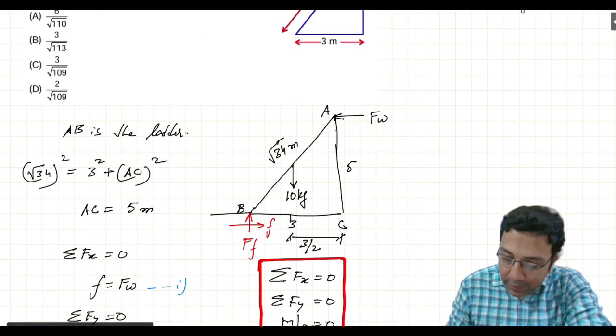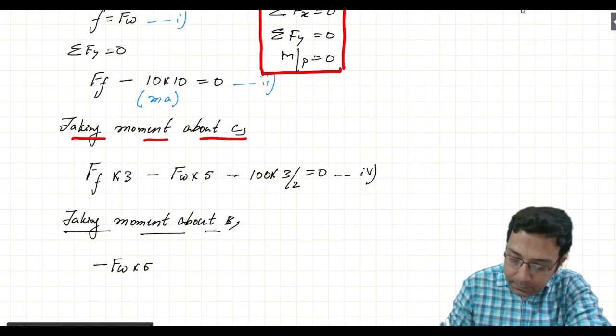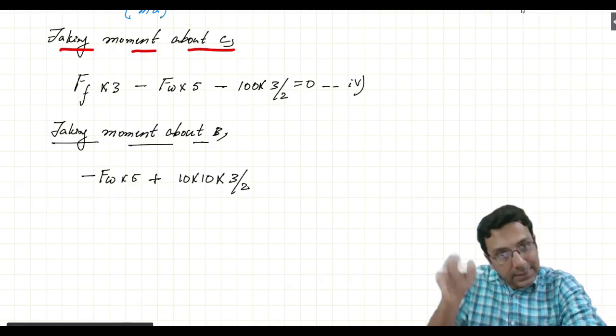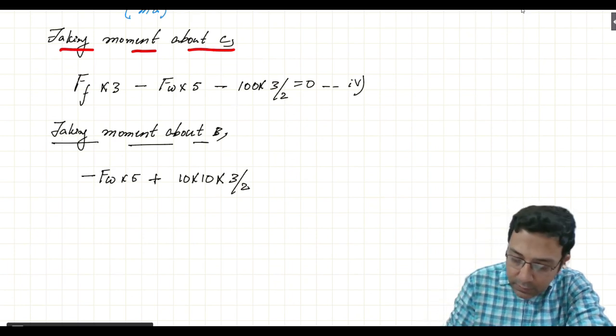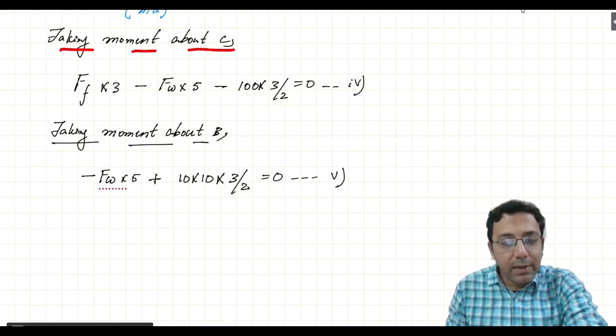Then 100, that is 10 into 10, into 3 by 2 will be plus because this is clockwise. So minus Fw into 5 is anti-clockwise, 10 into 10 into 3 by 2 is clockwise, equal to 0. So this is equation number 5. So we have this many equations.